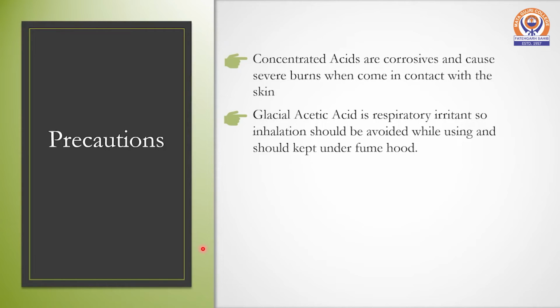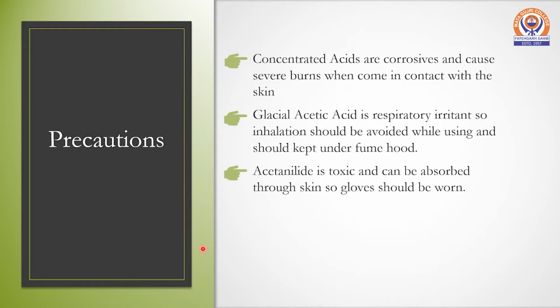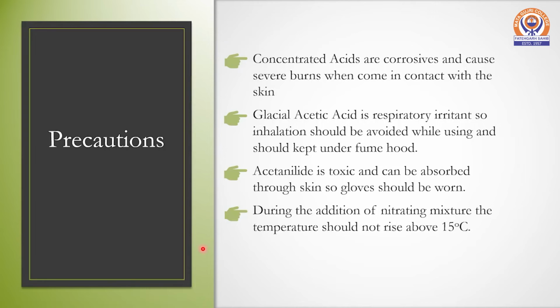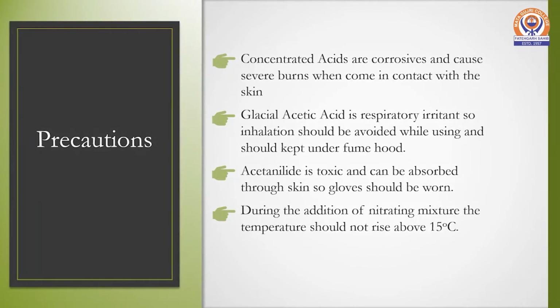Glacial acetic acid is a known respiratory irritant, so inhalation of its vapors should be avoided and it should be kept under a fume hood. Acetanilide is toxic and can be absorbed through skin, so gloves should be worn while handling it. During the addition of the nitrating mixture, the temperature should not rise above 15 degrees centigrade.